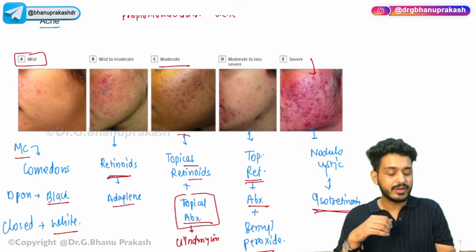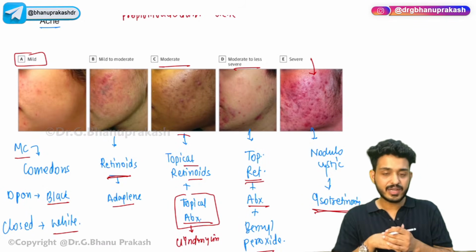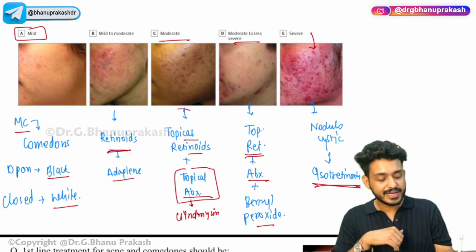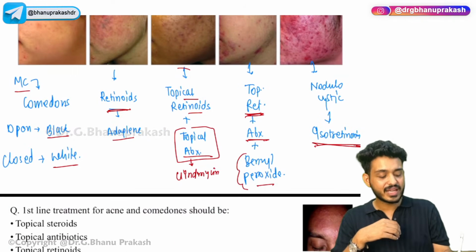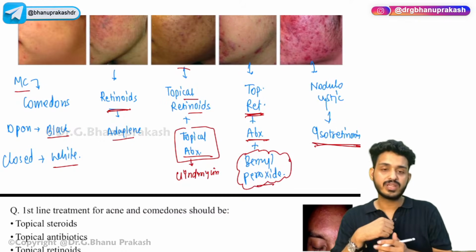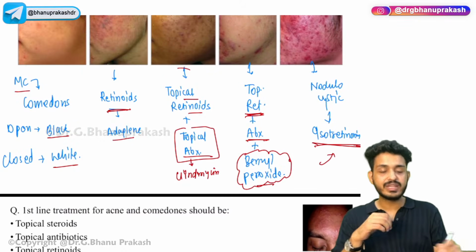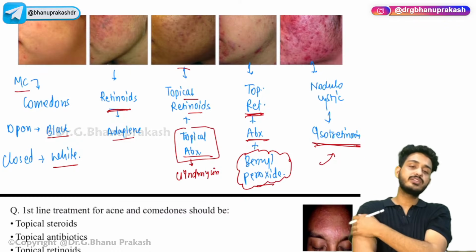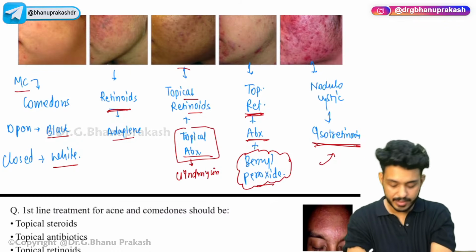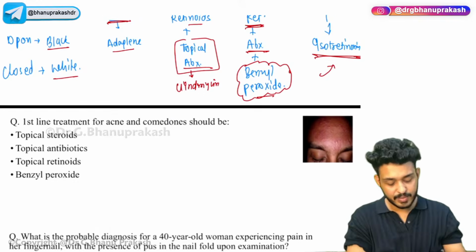Then if it is also not treated by this, we can use a topical retinoid. We can give antibiotics, and along with that, we can also use benzoyl peroxide. And ultimately, if they are not treated with anything, then ultimately we will be using, sir, isotretinoin.